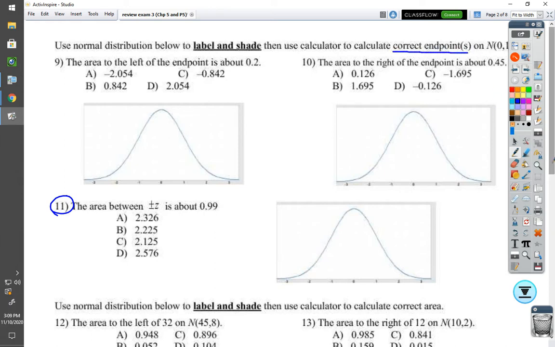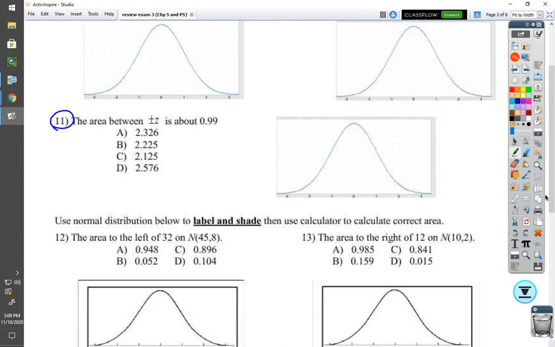We are using a 0, 1, and I know that also because it's a Z, and because it's a Z, it's always on a 0, 1 for the normal distribution. So here we need to find endpoints which give us about 99% of the area. Okay, well, that's fine because we're going to have a very small amount on this tail, 0.5%, and we're going to have a very small amount on this tail, 0.5%.